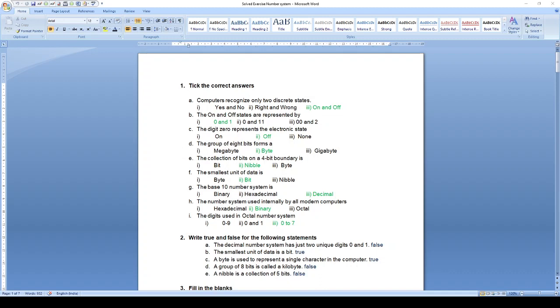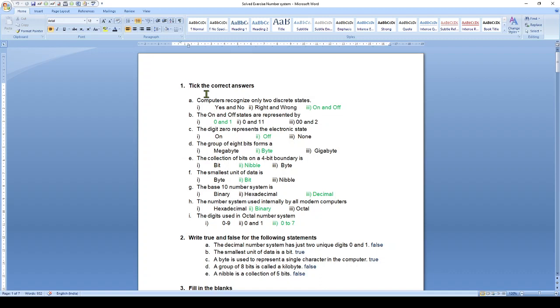In this tutorial, we will discuss the exercises on the chapter number system. After we have done with the chapter, it's time to discuss the exercises.